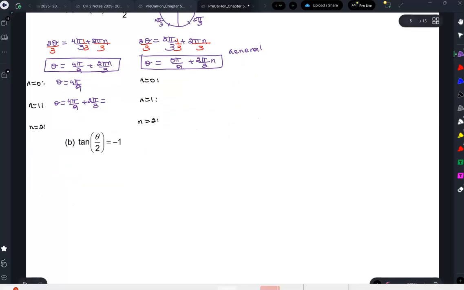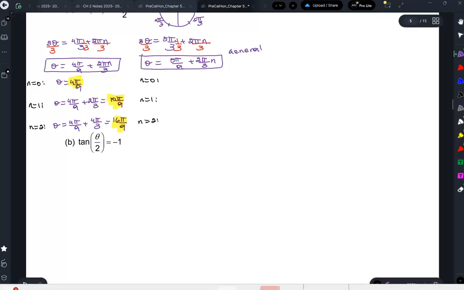So how much is that? 4 pi over 3, how much? 10 pi over 9. And then here, 4 pi over 9 plus, this time n equals 2, so 4 pi over 3, 16 pi over 9. Okay? So these are 3 of your 6 answers now.